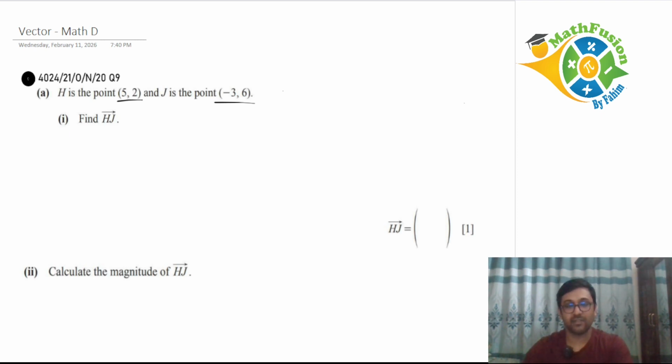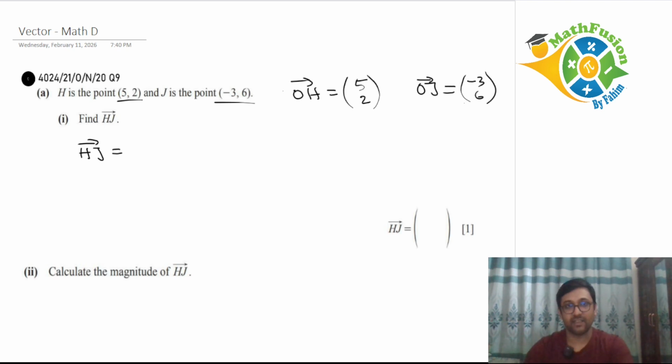So the position vector of H is OH, which is (5, 2), and the position vector of J, which is OJ, equals (-3, 6). So we need to find HJ.